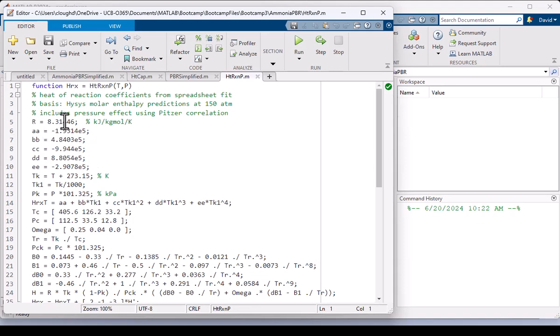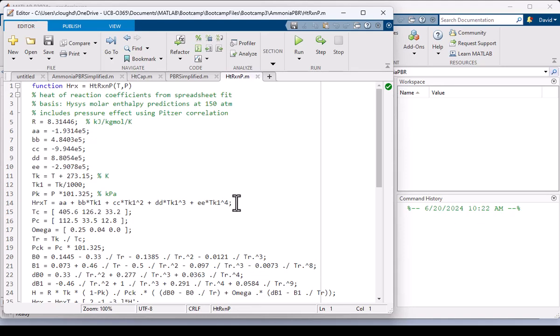And here again, we introduce a gas law constant. We have these 5 parameters in order to get a temperature-based heat of reaction. And this essentially is modeled based on data for heat of reaction at different temperatures.